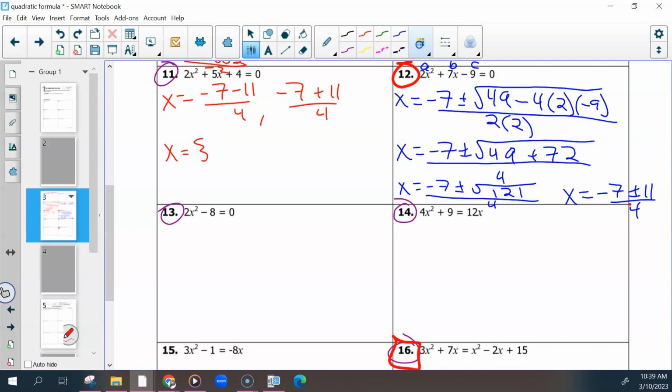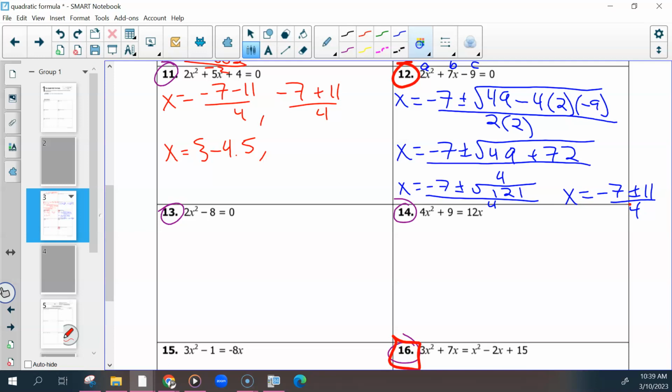Negative 4.5. So this will give us negative 18 divided by 4. If we simplify that, it'd be negative 18 over, simplify, negative 9 over 2, which is negative 1.5.